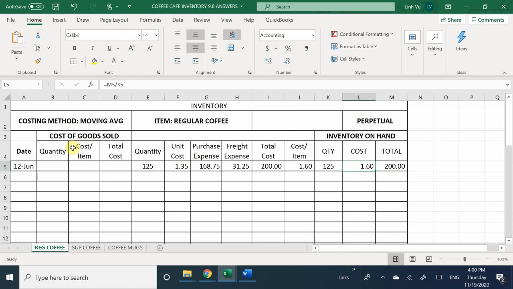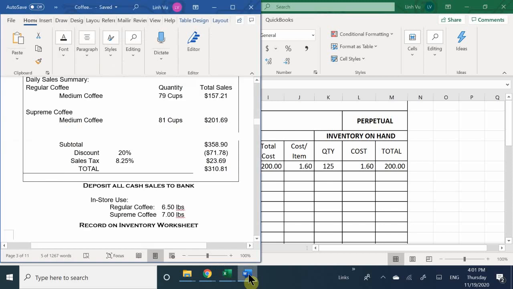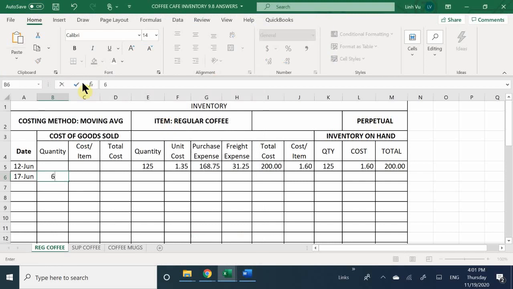So I'm going to start with the regular coffee. You're going to put the date in, 6/17. And then because we sold it, we're going to record it under the cost of goods sold, right? So the regular coffee was 6.5 pounds.